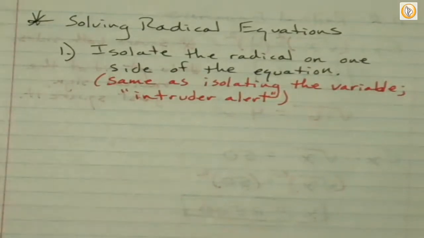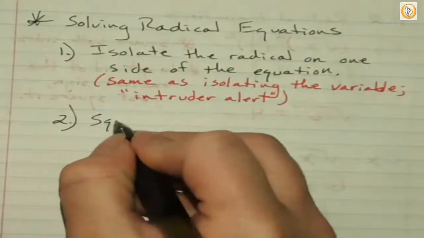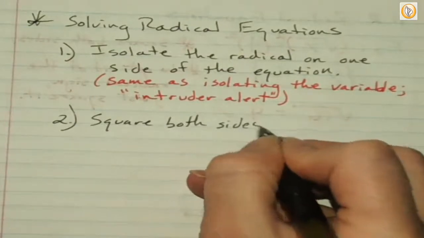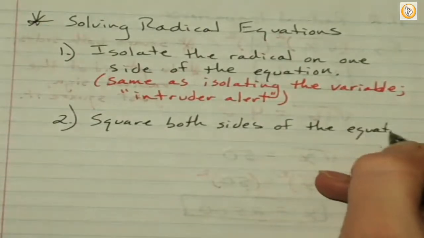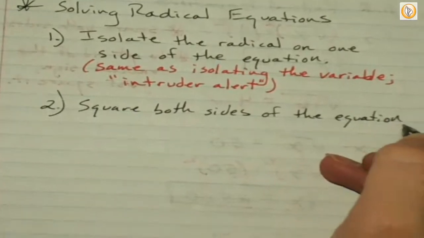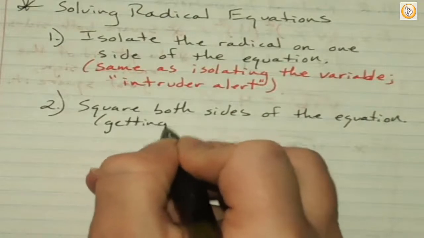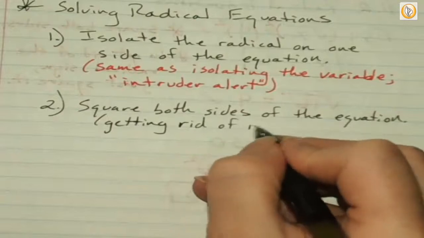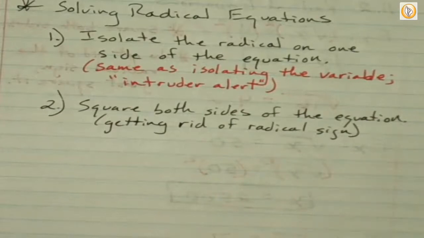Step 2, square both sides of the equation. You're getting rid of the radical sign, just like we did at the beginning of this lesson.